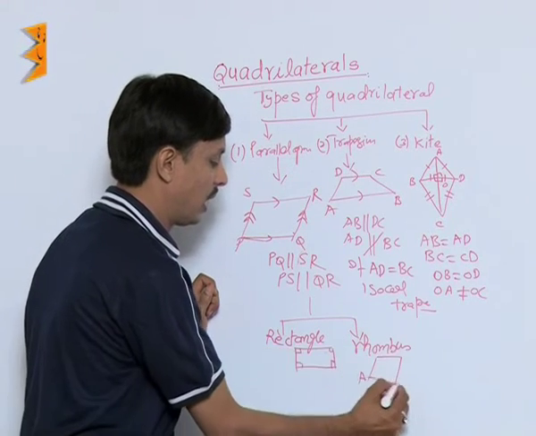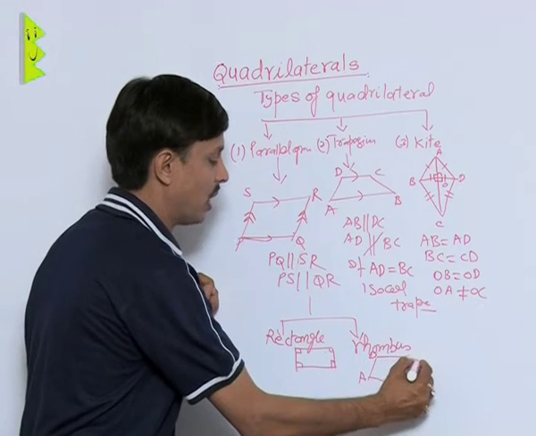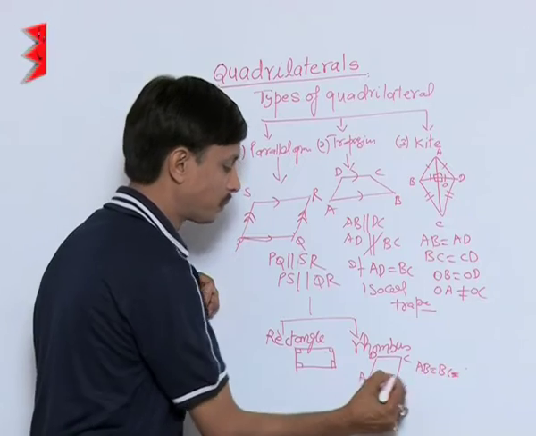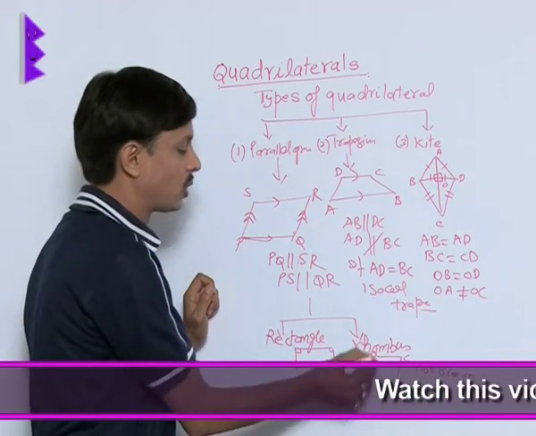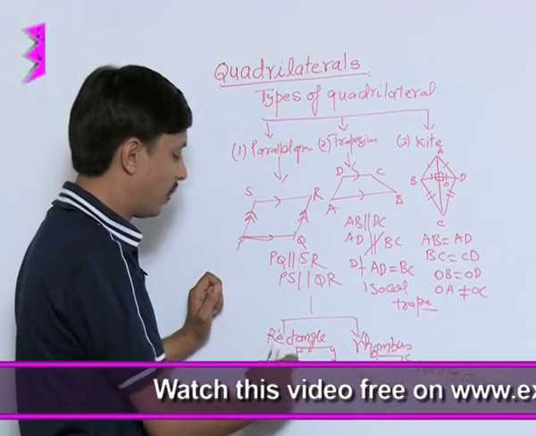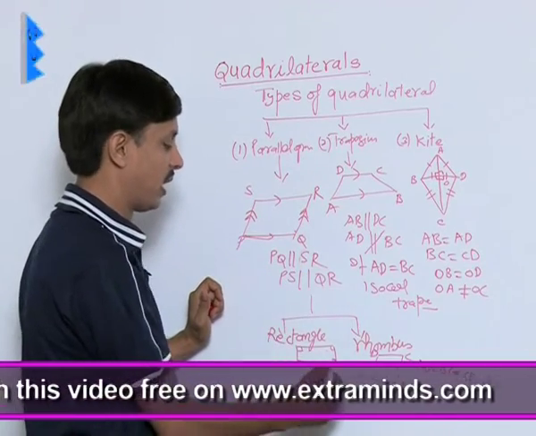If it is ABCD, all sides are equal, meaning AB is equal to BC is equal to CD is equal to AD. If all sides of a parallelogram are the same, then we call it a rhombus. If each angle of a parallelogram is 90 degrees, we call it a rectangle.